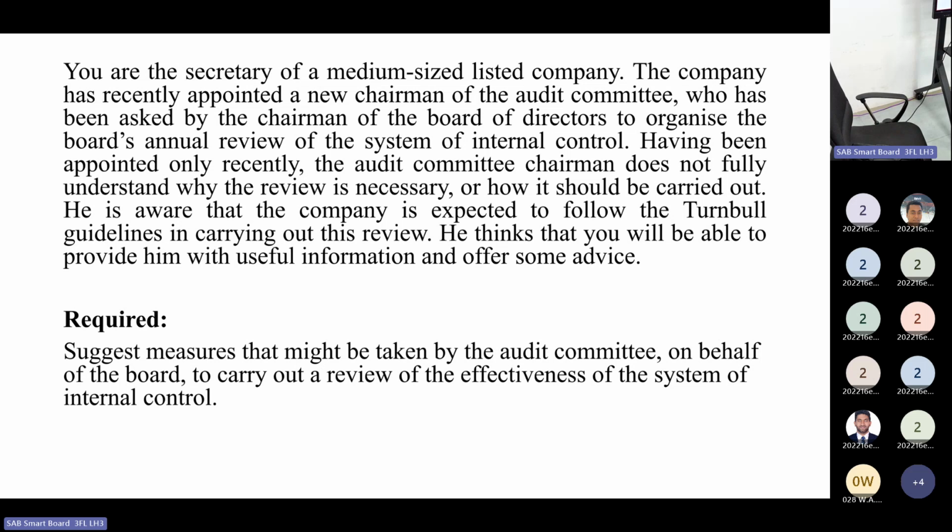The company has recently appointed a new chairman of the audit committee. Each of these committees has its own chairman, who has been asked by the chairman of the board of directors to organize the board's annual review of the system of internal controls.